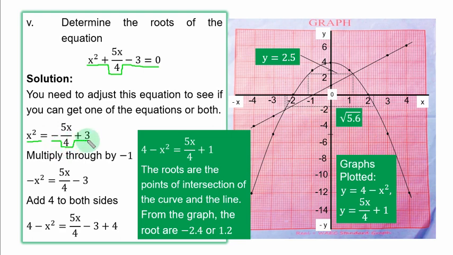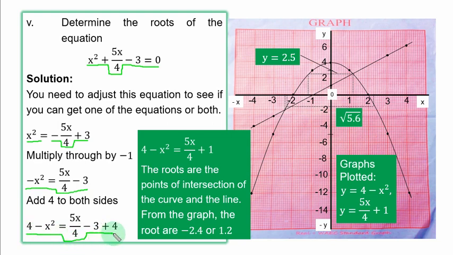For the quadratic graph, we have minus s squared. So multiply through by minus 1. When you do that, you have this. To get the quadratic term, you need to add 4 to both sides. So here you have added 4.